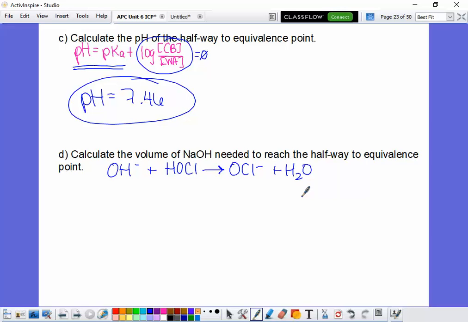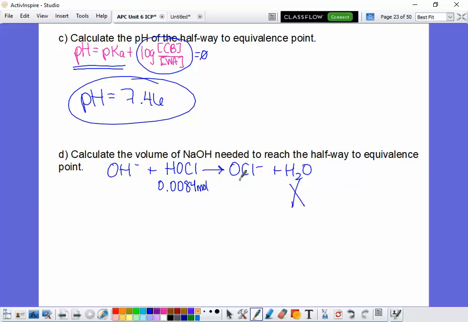HOCl. Because we can always add more OH minus, right? We have a fixed amount of HOCl, because it was what we put in the beaker, and that's it. And how many moles was that? 0.0084 originally. Originally, we had 0.0084 moles of that.